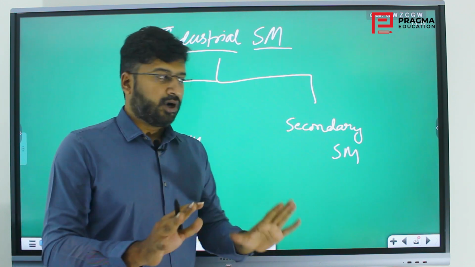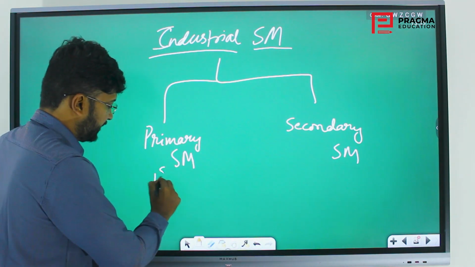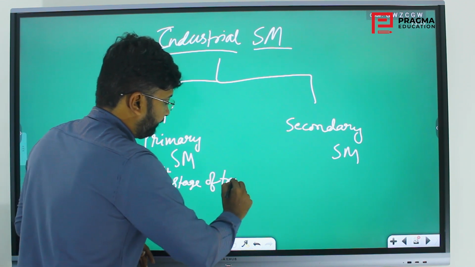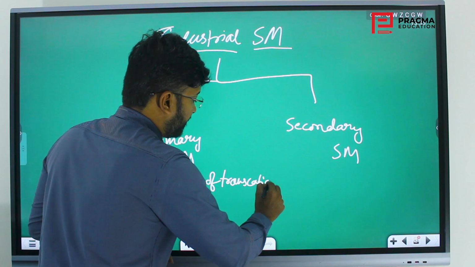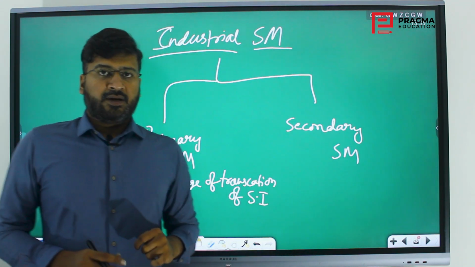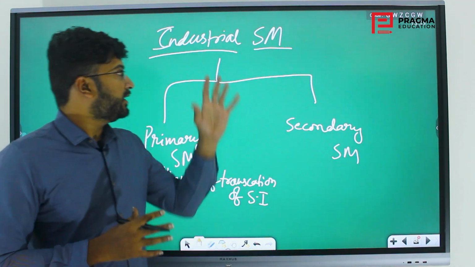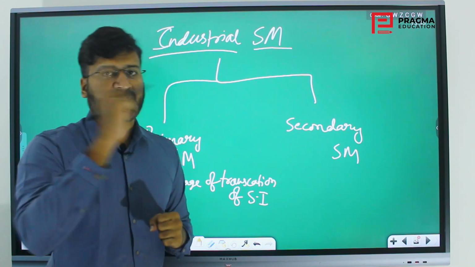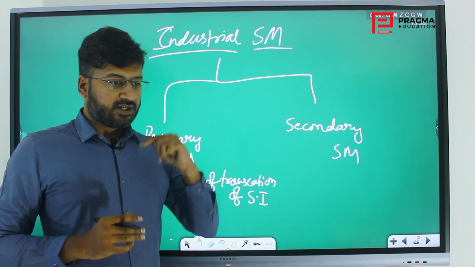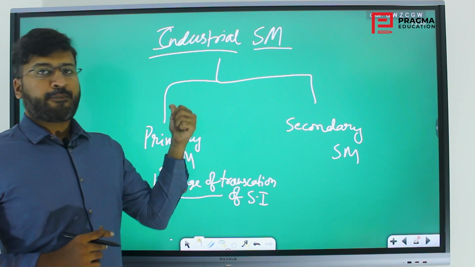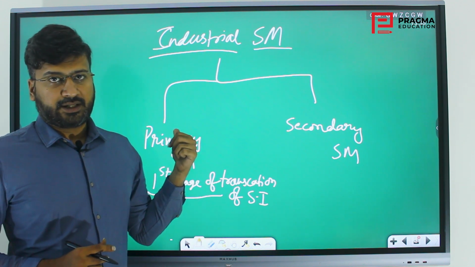So what is the primary securities market? It is the first stage of transaction of securities instruments. Whatever securities instruments are used in the capital securities market, if they are sold for the first time in the market, it is the first stage of transaction, it is the primary securities market.